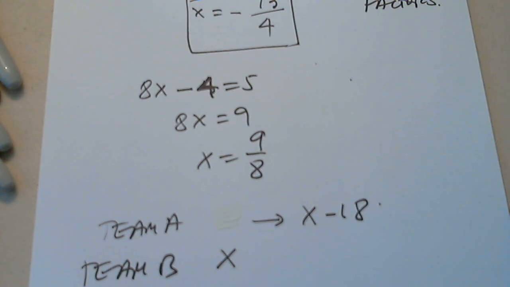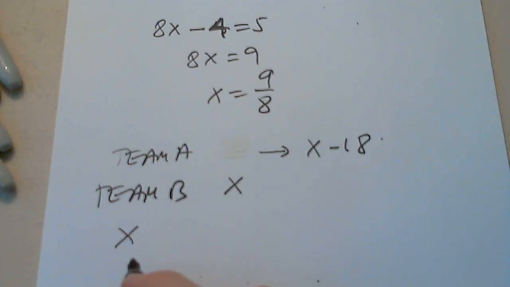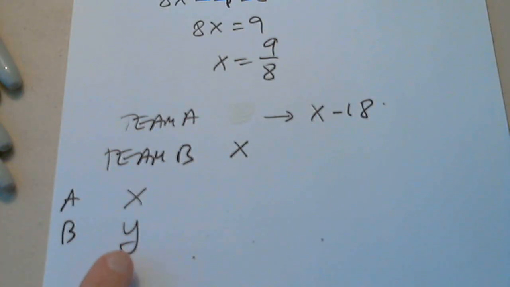The value of the exports of country A was, is or was, always translate into the same symbol, 10 times the value of the exports of country B. So let's say country A has X, country B has Y. The value of the exports of country A was or is 10 times the value of the exports of country B. So, what equation do I have to write?